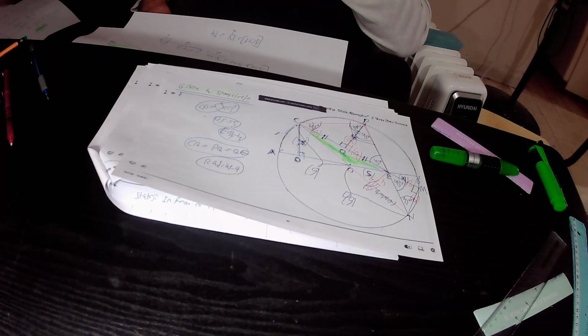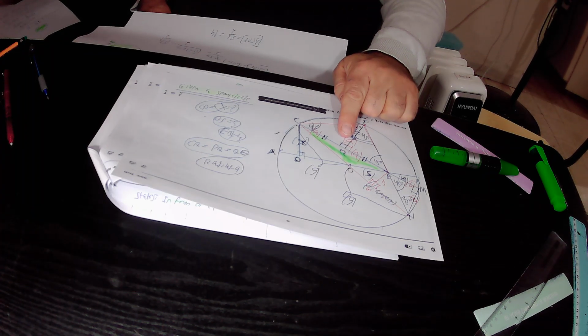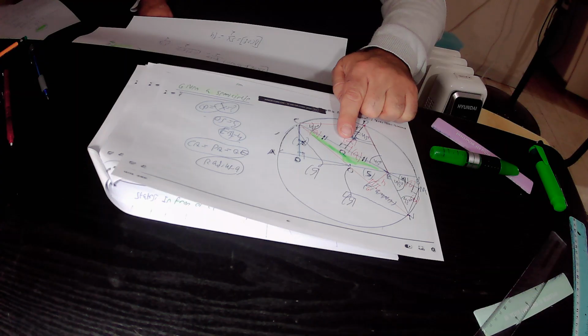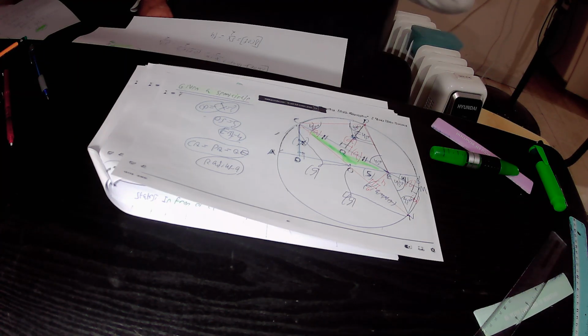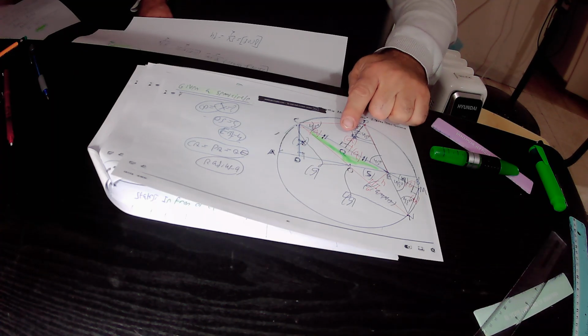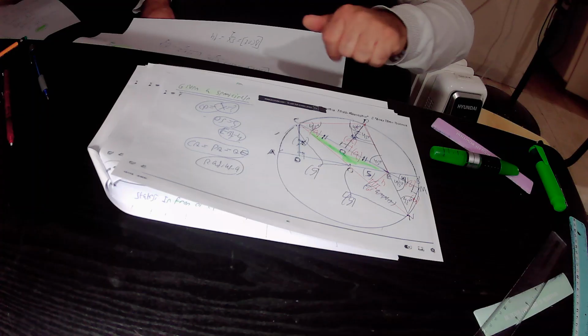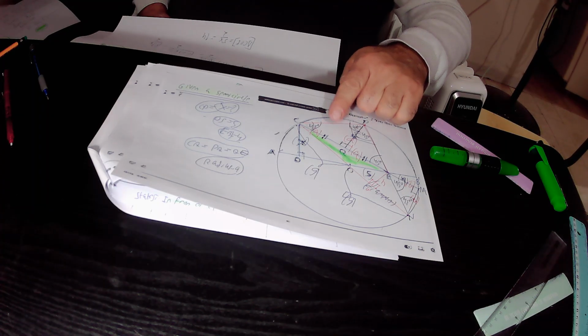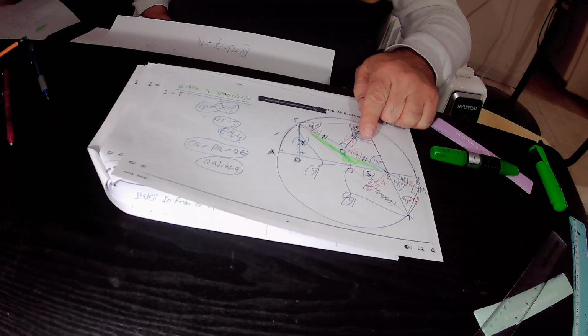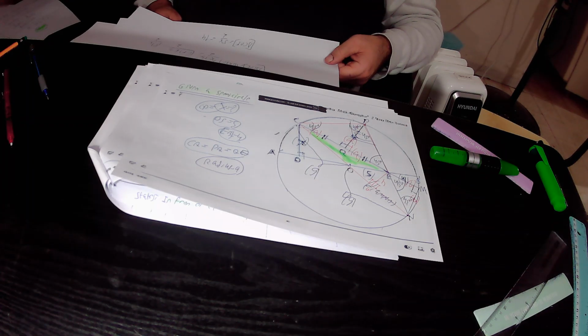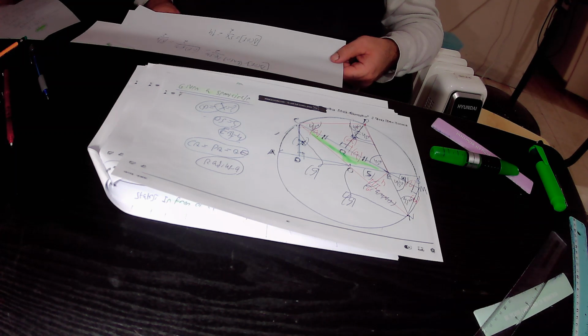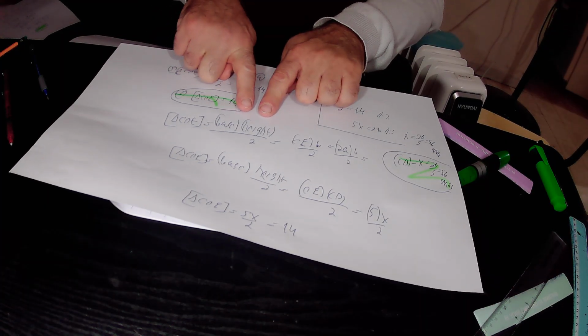And you can calculate the area of this green triangle COE according to the formula that the area of any triangle equals the base of the triangle times the height over 2.